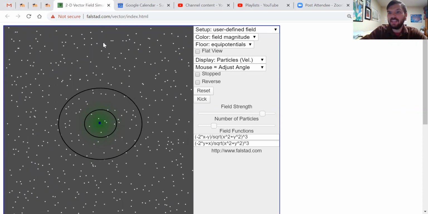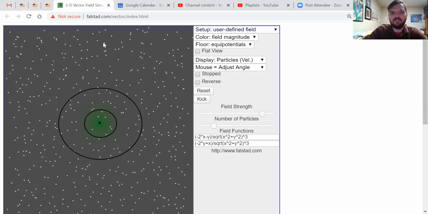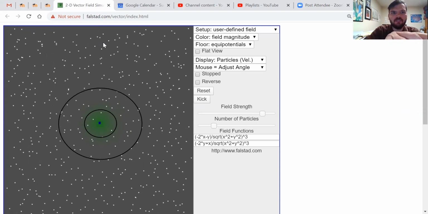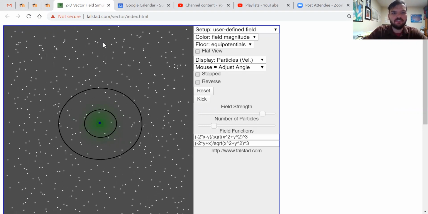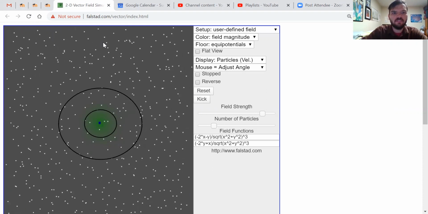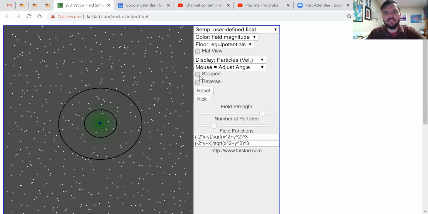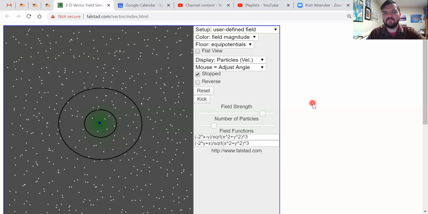That's the negative flux pulling in, but then it's ejecting very quickly in the direct center right there. Like that. Okay, let's stop that.